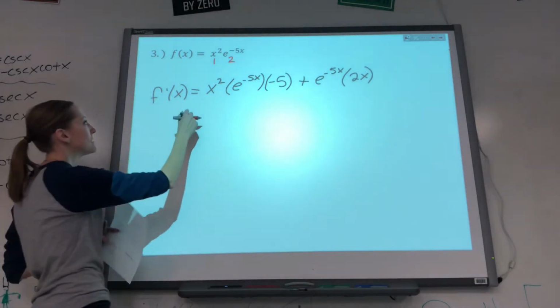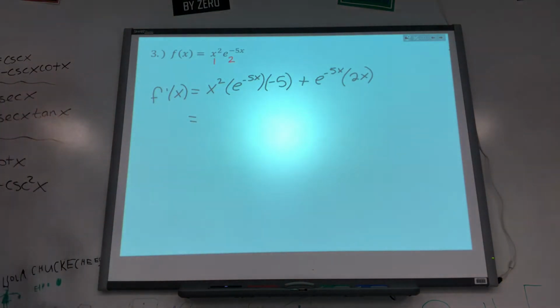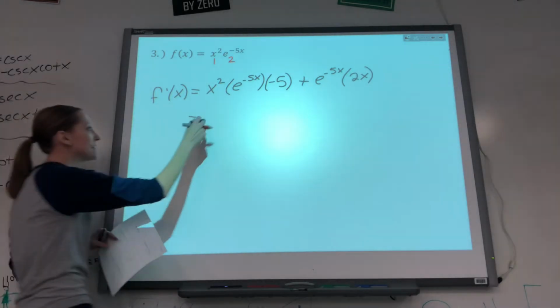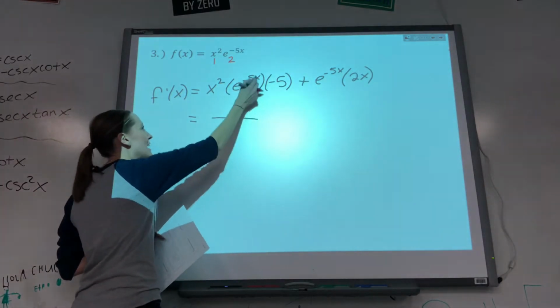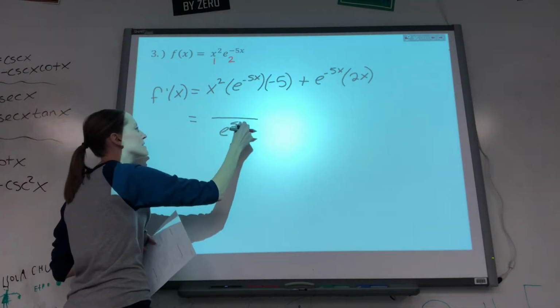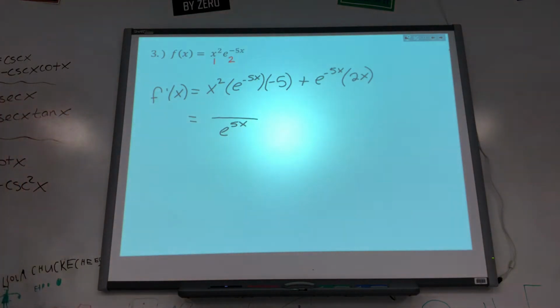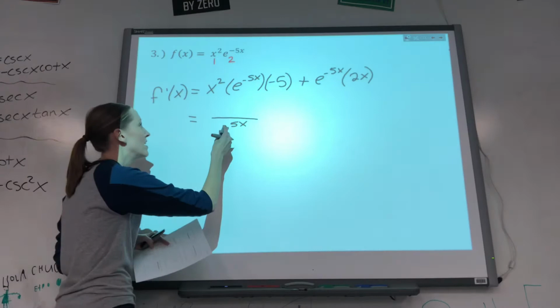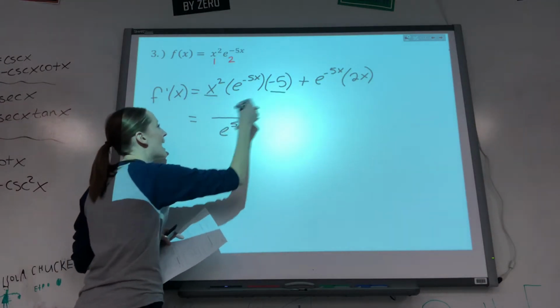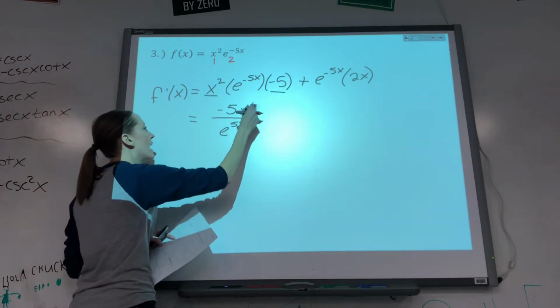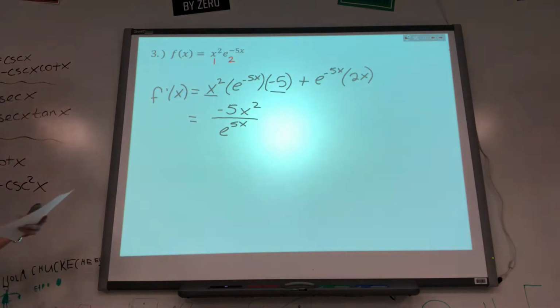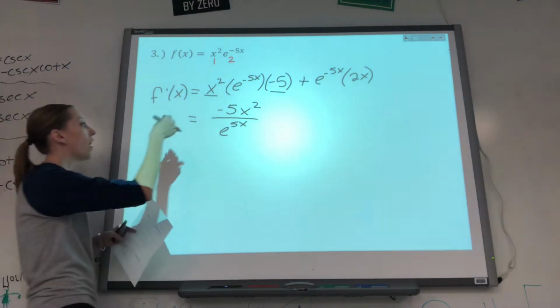Now, let me kind of simplify this as much as I can. We don't like negative exponents, so I know right here, I'm going to pull e to the positive 5x on the bottom, so it's positive and not negative. And I also have a negative 5x squared that I would need to leave on top.